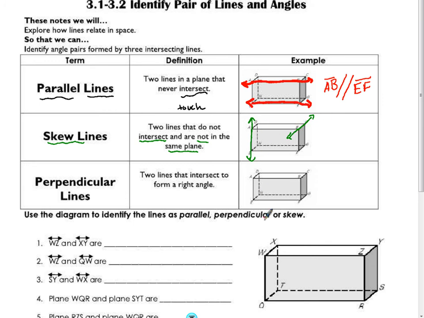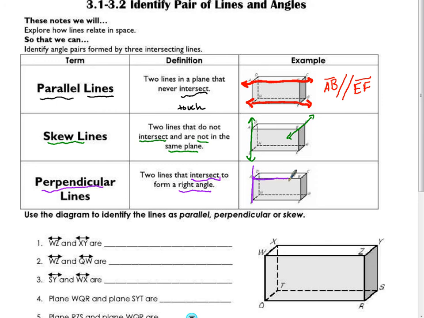And then our last relationship here are perpendicular lines, which are two lines that intersect and form a right angle. So if they intersect, they have to be on the same plane, and they also are going to touch and form a right angle. So let's say I'm trying to find perpendicular lines through point A. AE is one segment, and another segment that intersects with that would be AB.